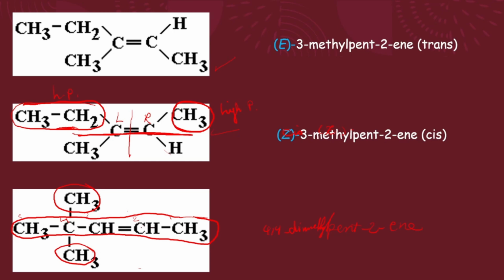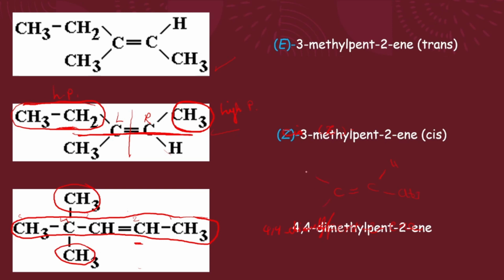Actually, we cannot decide that because the groups attached to the carbons of the double bond are not drawn in a geometrical way. If I have a cis or a trans isomer, the groups should be drawn like this.